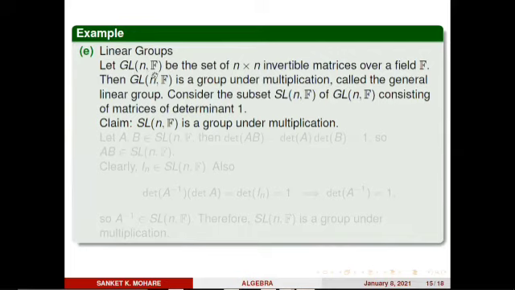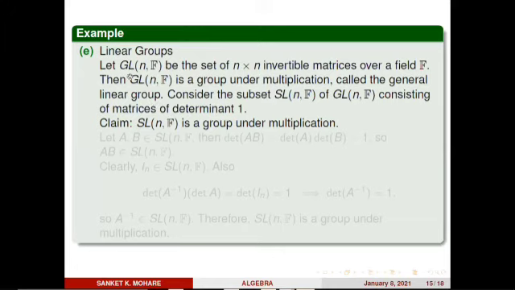Let GL(n, F), where F is a field and n is greater than or equal to 1, a natural number, be the set of n by n invertible matrices over F. Invertible means their determinant is non-zero. Then GL(n, F) is a group under multiplication, called the general linear group.